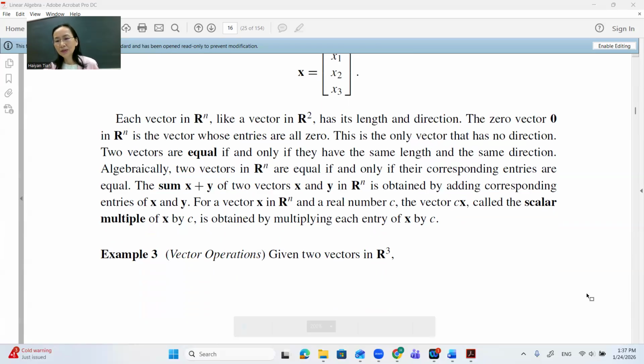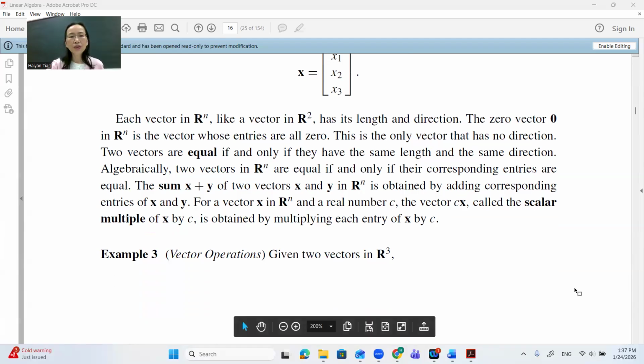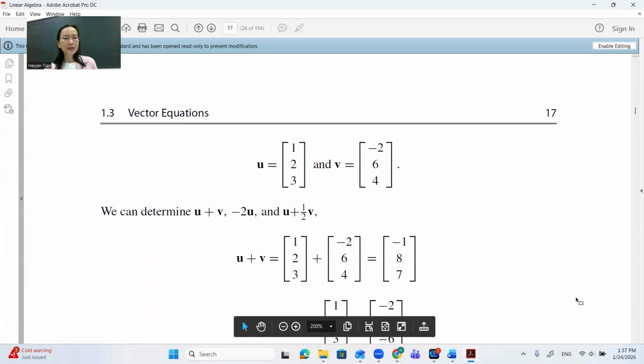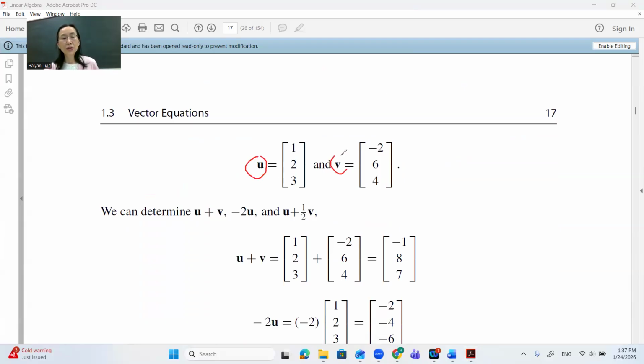Okay, now let's look at the vectors here. We simply add them. Let's add two vectors. You see here the two vectors, one is called u, one is called v, and then we add the two vectors. What do we do?